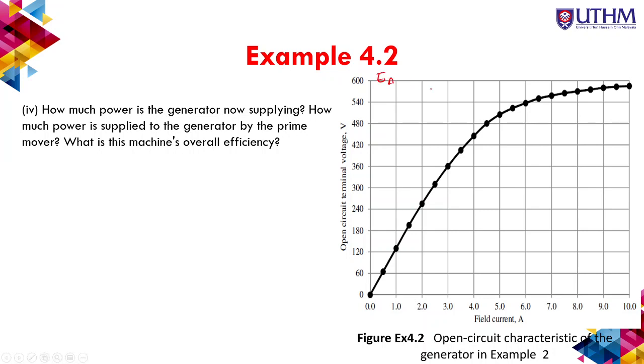Since there is no current in the open circuit, it becomes equal to V phase. But in this question, V phase is some value, and the EA is another value. It's not an open circuit, but the graph is actually the relationship between the EA and also the I field.